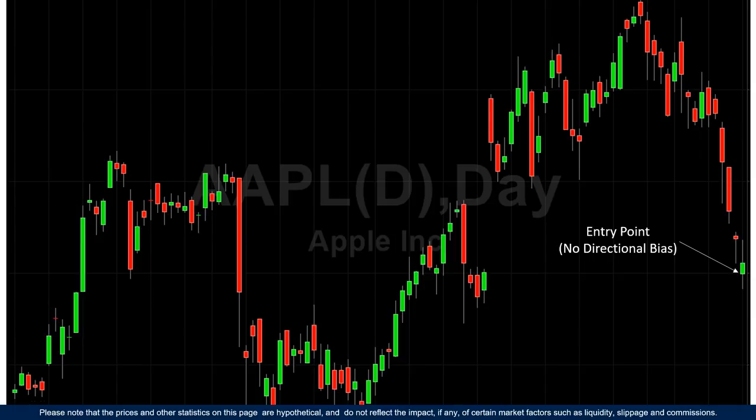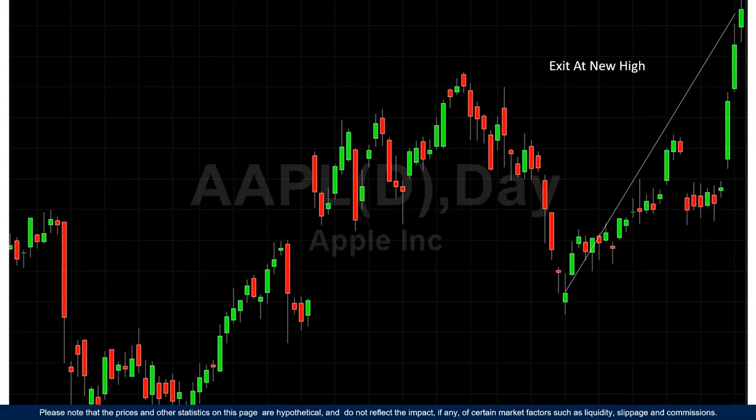So we're going to take this same entry point. However, we don't have an entry bias for direction. This isn't because it's a gap fill or because we want to be bullish, because this is a neutral trade. No directional bias. Neutral trade. This is our entry point only for comparison to make it the same as the other trades, but we're not taking a bullish bias.